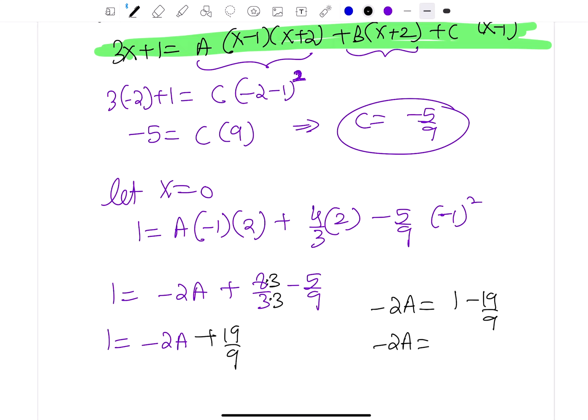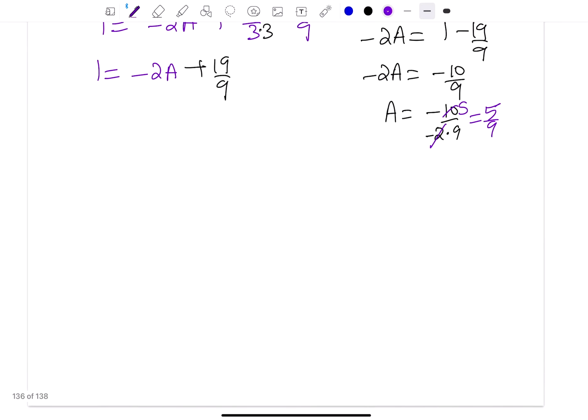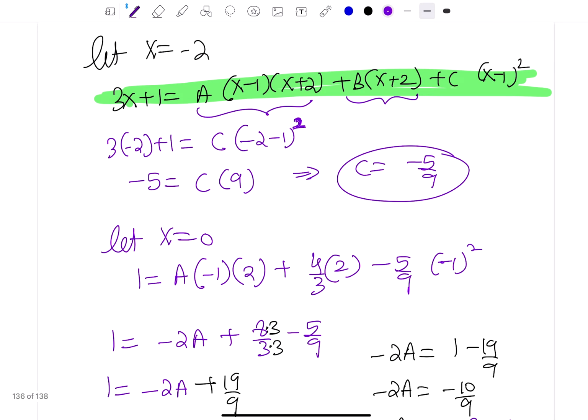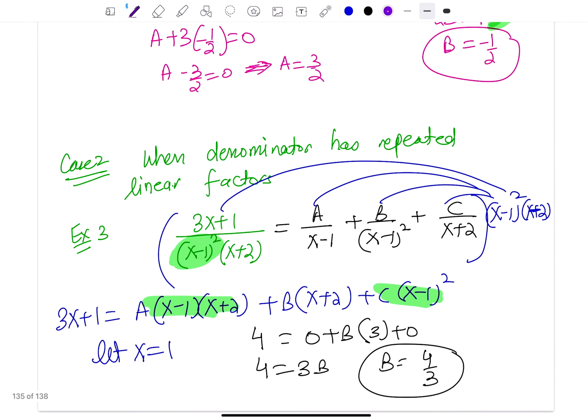That's -2a equals -10/9, and we can go ahead and divide both sides by -2, so a equals -10 over 2 times 9. When we simplify, this is going to be 5/9. So a comes out to be 5/9. Now we can go back and replace a, b, and c by what we just found. A is +5/9, c is -5/9, and b is what we found earlier.